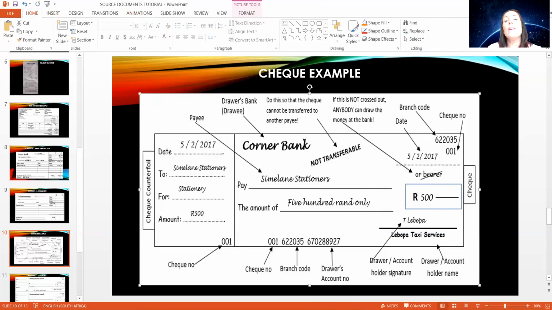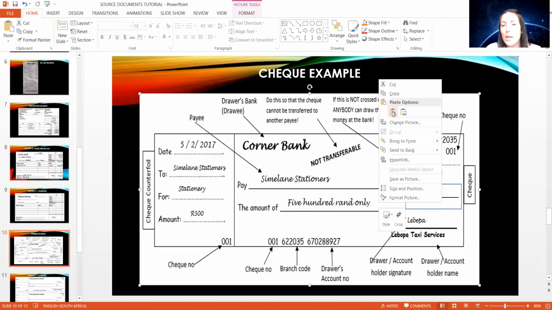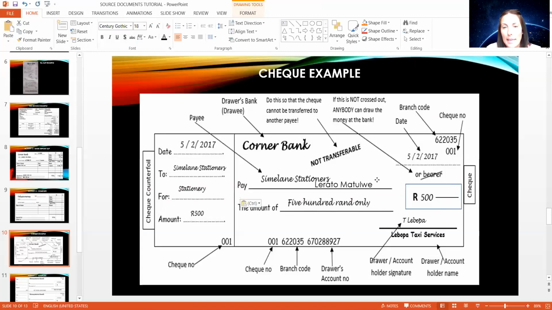Now, once again, when you as a business received checks, it was very important for you to check that the amount written in numbers corresponds with what is written in words. You can really also make a dash there as well.